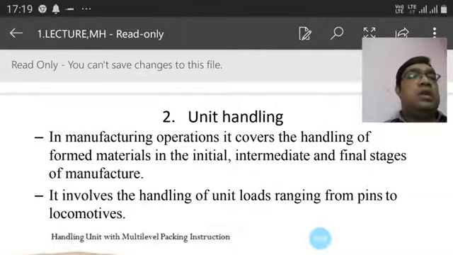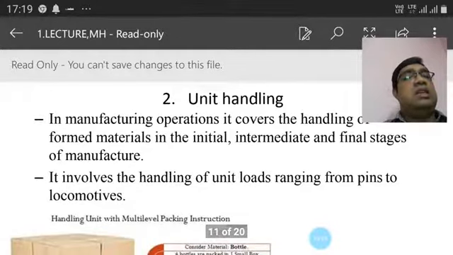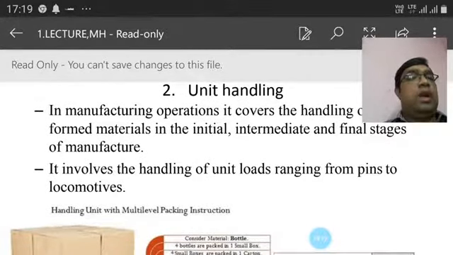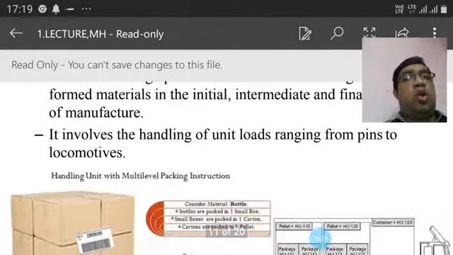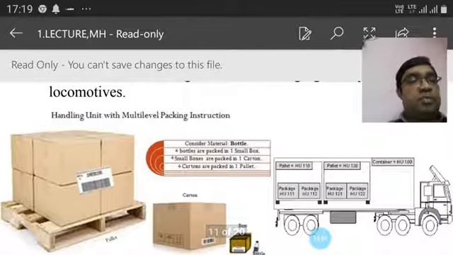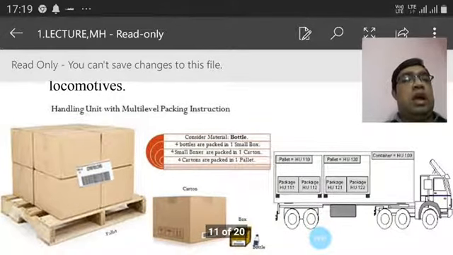In manufacturing operations, it covers the handling of formed materials in the initial, intermediate and final stages of manufacture. It involves the handling of unit loads ranging from pins to locomotives, and you have to transfer these. You can see first the different cartons, which will be given a number, and this is the pallet.